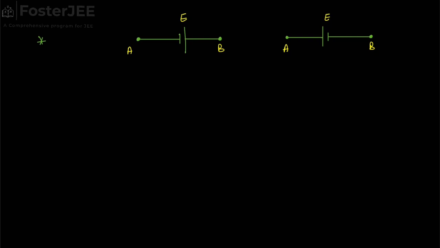In this case, if we have to move along this path, that is from A to B, then while calculating the potential difference, which is final minus initial, the final destination is B. So this is VB minus VA, which is equal to, now see, B is at higher potential.